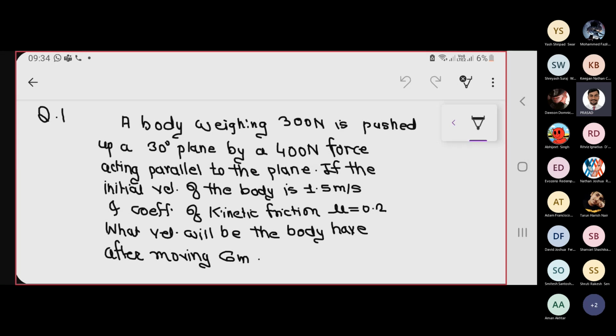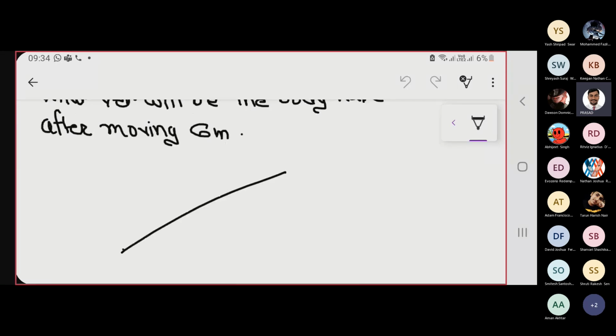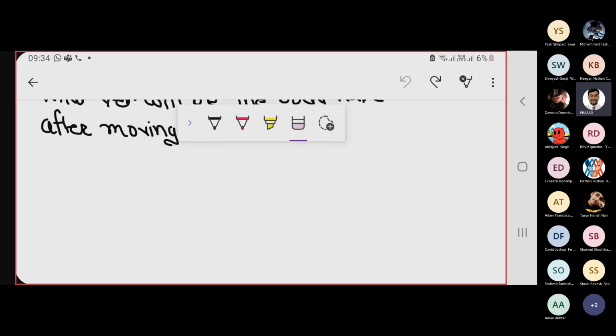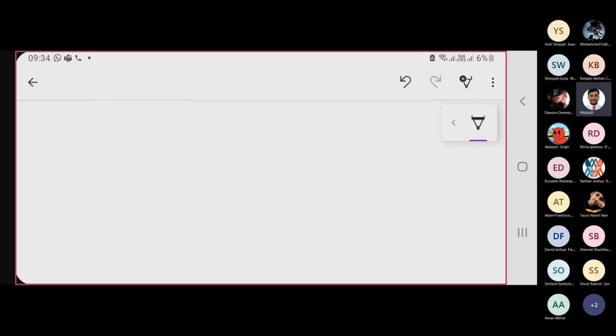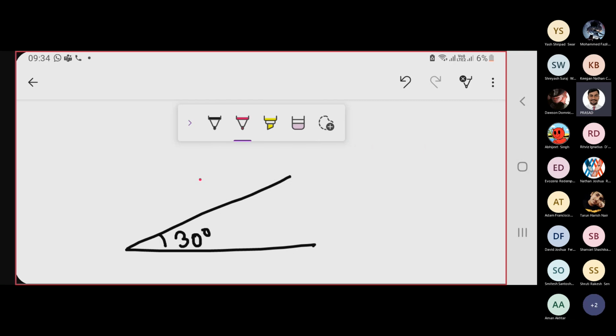Okay, done. Let's draw the diagram. I will draw just below so that we'll get some space. The 400 Newton force is acting parallel to the plane.